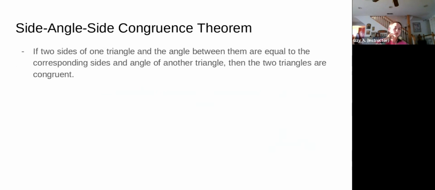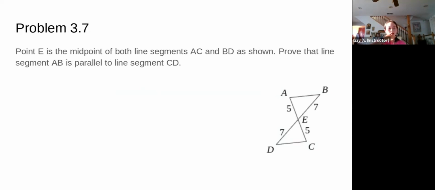I don't have an image for it, but we are going to be using a problem to show an example of using SAS, and I think that will make the theorem easier to understand.